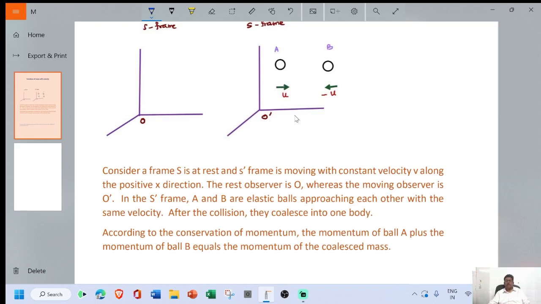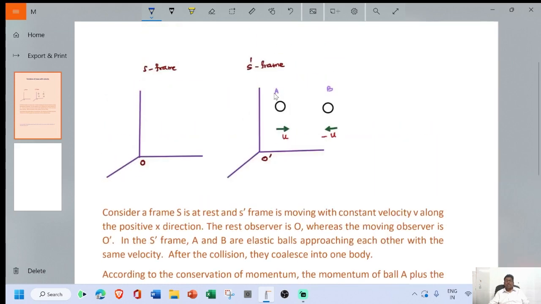In the frame S dash, consider two elastic balls A and B. A is moving with velocity u, whereas B is moving with velocity minus u. They may collide with each other. After the collision process, they coalesce into one body.